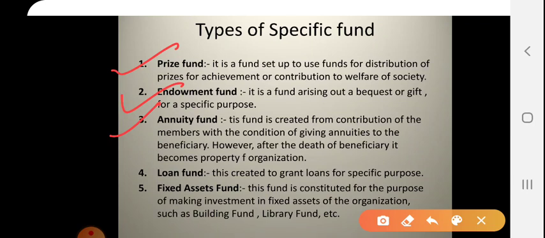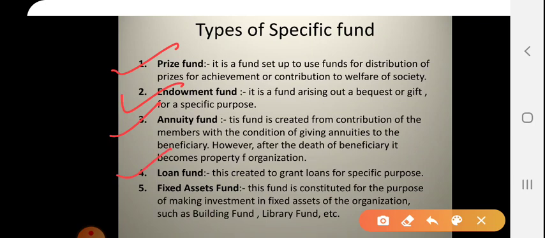This will be called an annuity fund, because the 50,000 given by Mr. Ram Prasad will be given by the institution to his son. The son is the beneficiary. If the son dies, then after the death of the beneficiary, the fund will become the property of the organization.